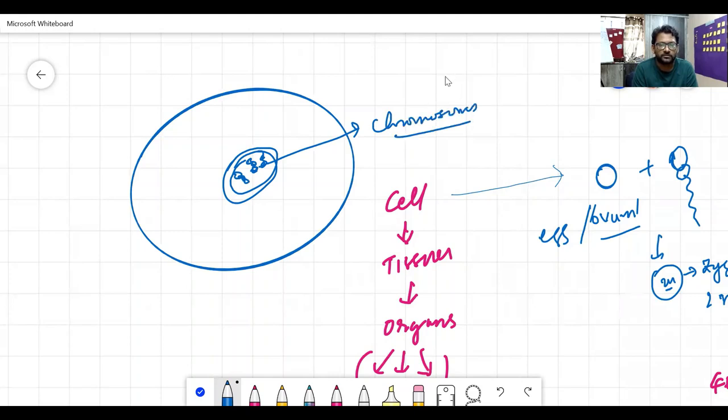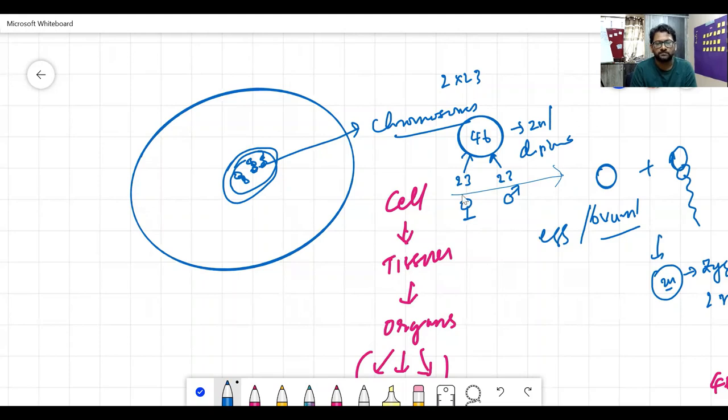And how many do we have? Two sets, a total of 46. This is what we call 2n or the diploid condition. So half: 23 came from father, 23 from mother. They fused to form a zygote.